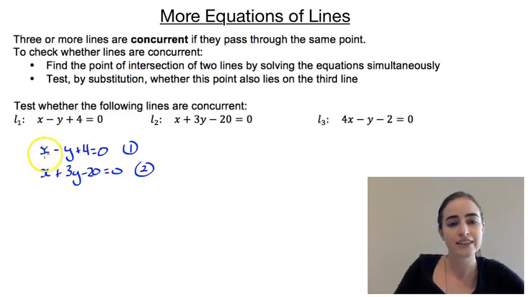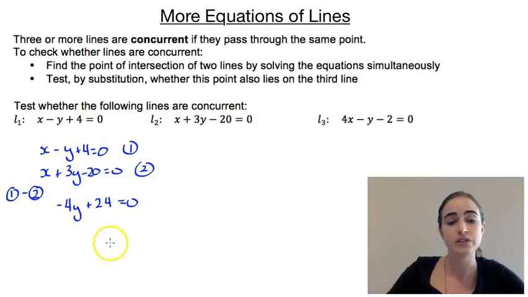So to get rid of these x's, we'd have to go equation 1 minus equation 2. So that would eliminate out our x's. Minus y minus 3y would give us minus 4y. And 4 minus minus 20 would give us positive 24 is equal to 0.